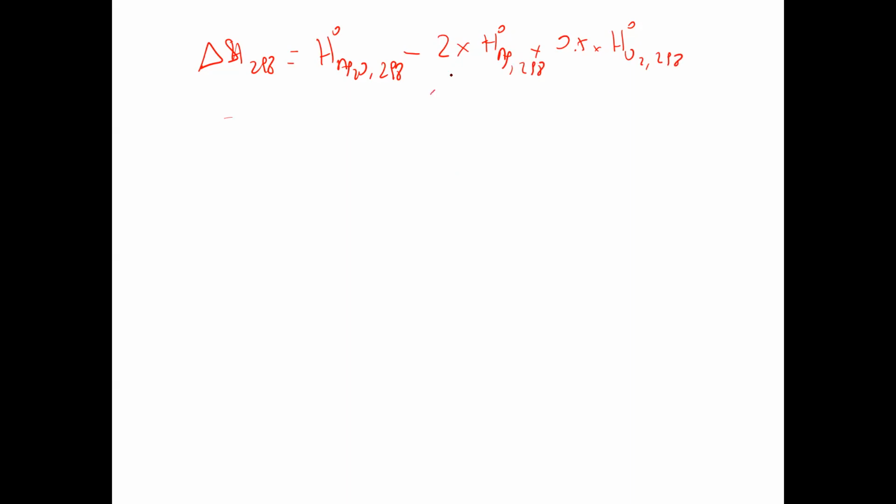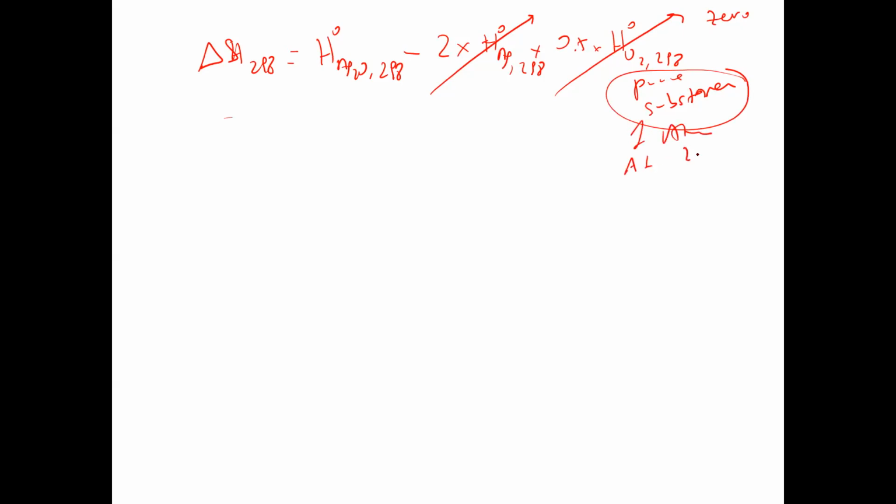And now we know that this corresponds to 0 because this is a pure substance; the enthalpy of a pure substance at 1 atm at 298 Kelvin is equal to 0.